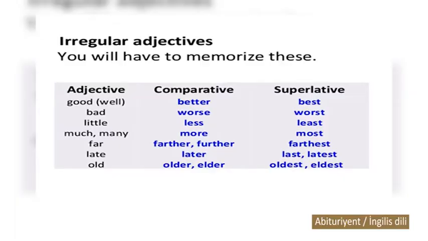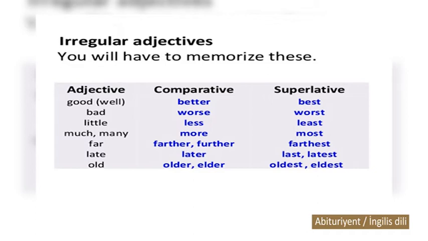One more thing to bring into your consideration is that there are irregular adjectives as well. These irregular adjectives do not take ER or EST, and their comparative and superlative degrees are formed with the help of different stems.